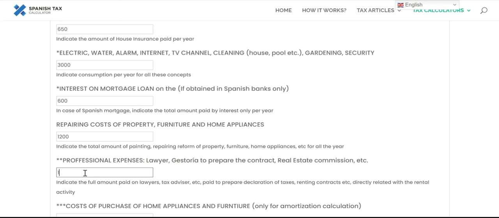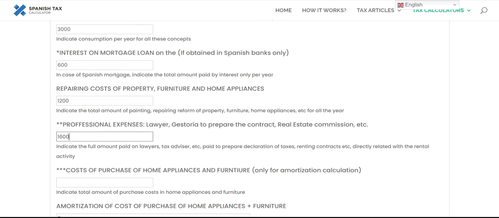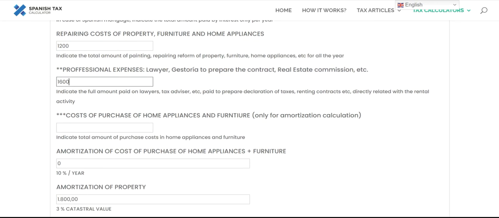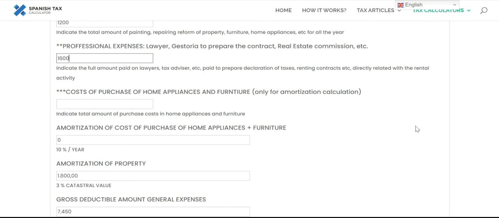So in this case, you introduce the full amount of these professional expenses, both lawyer and real estate agent.